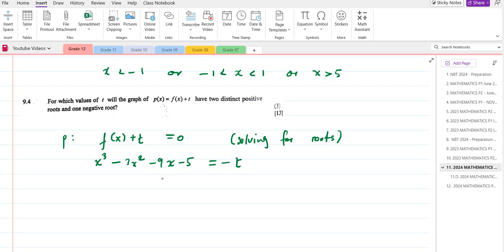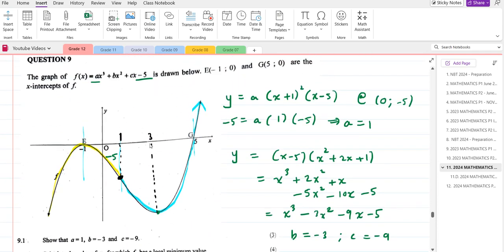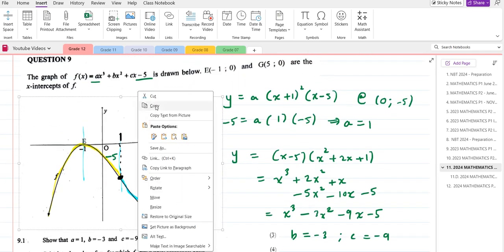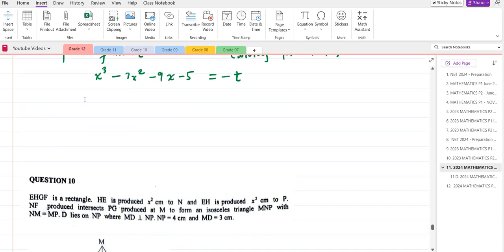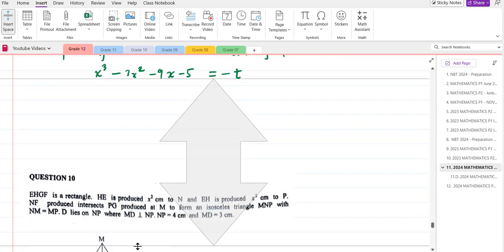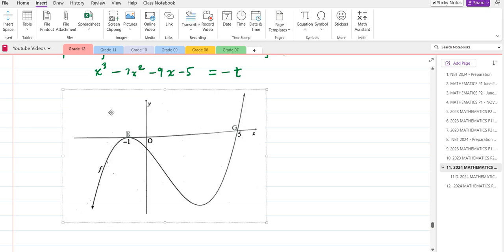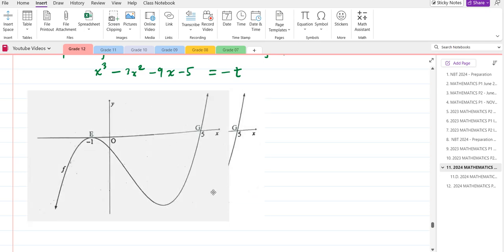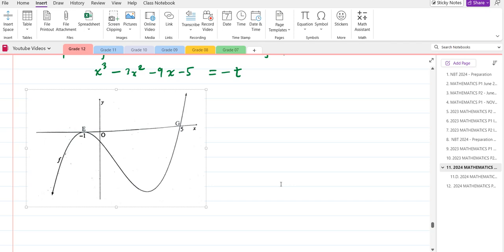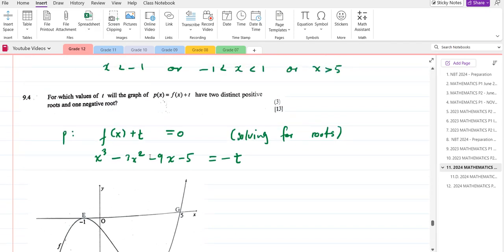Now let's solve using the graph. Remember, I'm going to use the cut method. So I'm going to horizontally cut this graph at different levels and see when we get 2 distinct positive roots.